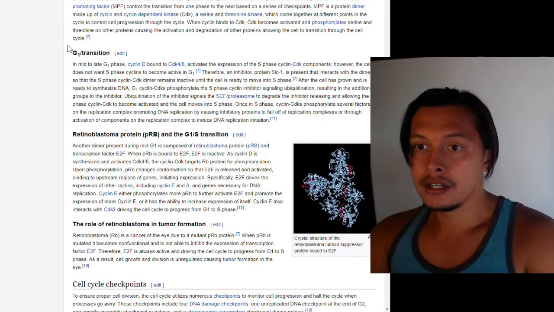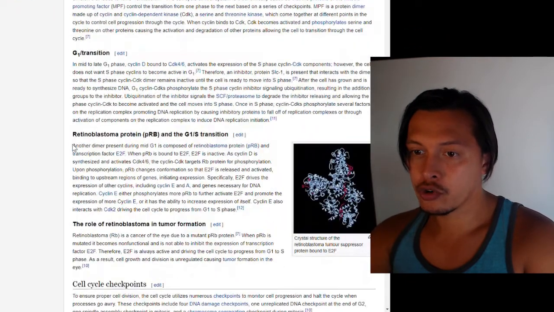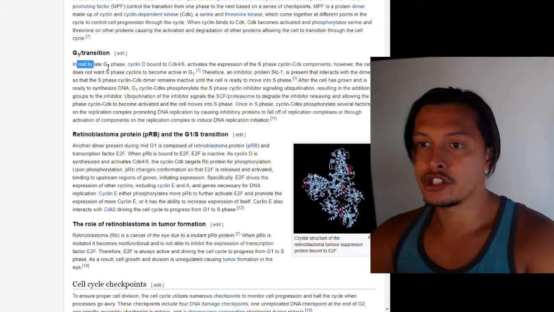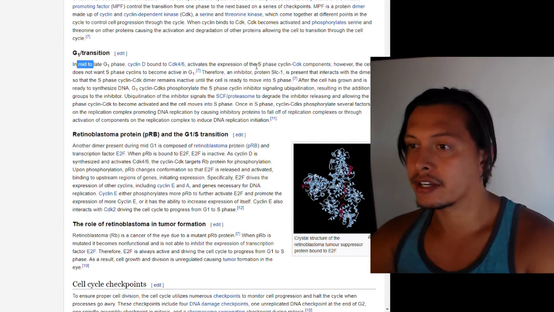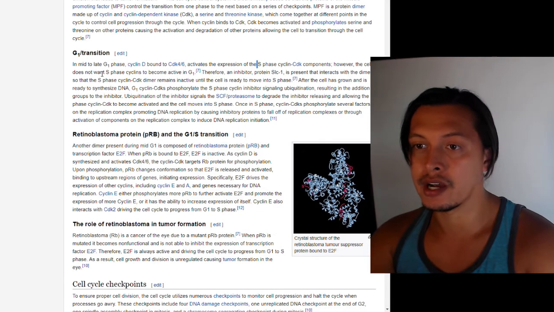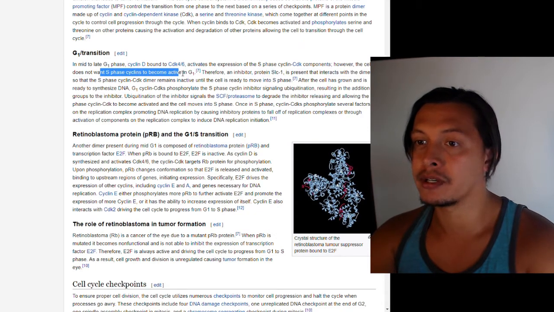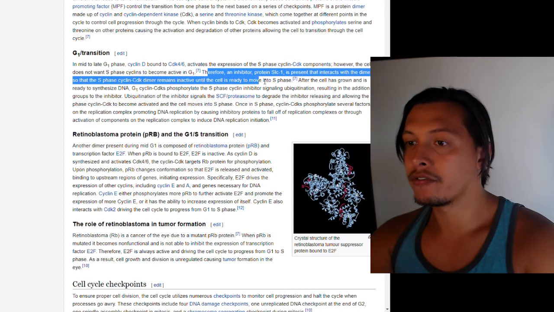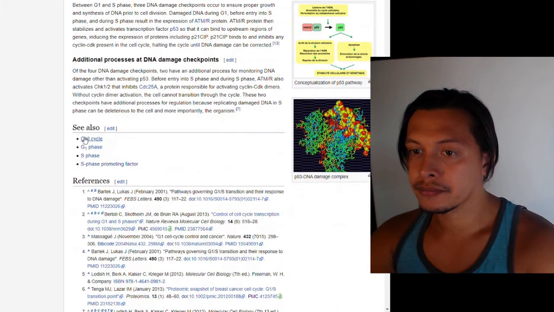So in the mid-late G1 phase, cyclin D bound to this activates the expression of the S-phase cyclin CDK components. However, the cell does not want S-phase cyclins to become active in G1. Therefore, you have this inhibitor. Let's just look at what the S-phase is.